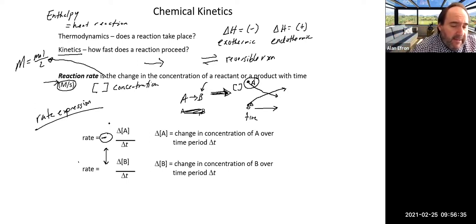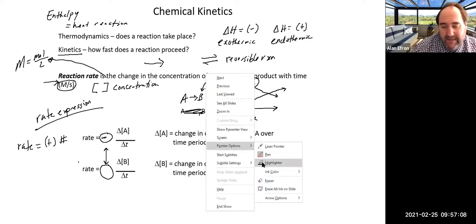To represent that the reactants are decreasing with time, we put that negative sign there, while the products, which are increasing with time, have a positive value. The reason is that when we calculate the rate for a reaction, it should usually be a positive number.